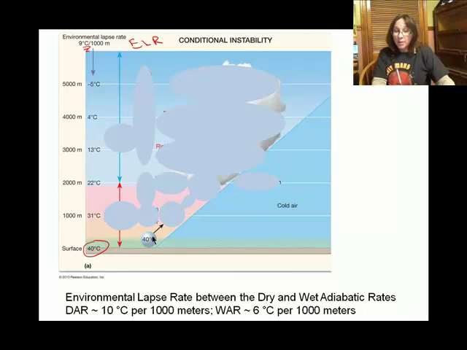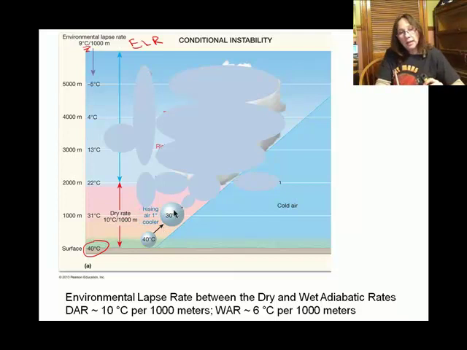So let's look at our parcel of air. It first is going to rise at the dry adiabatic rate of 10 degrees Celsius for every 1,000 meters. It is forced to ascend. So at 1,000 meters, we see that our parcel of air is just a little bit cooler than our outside temperature.